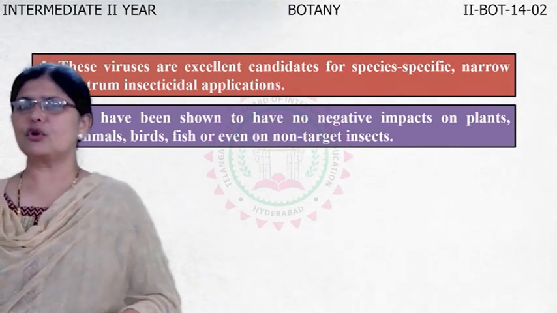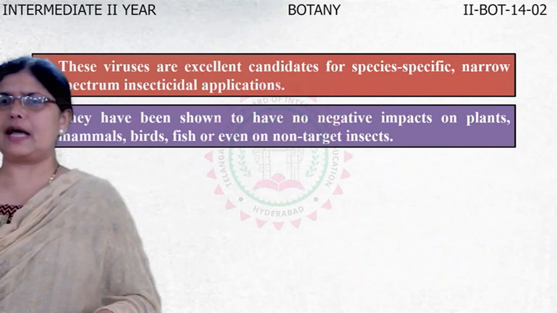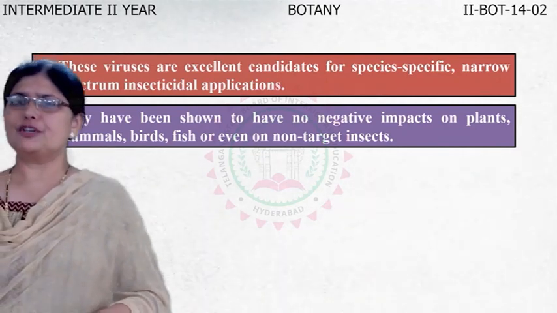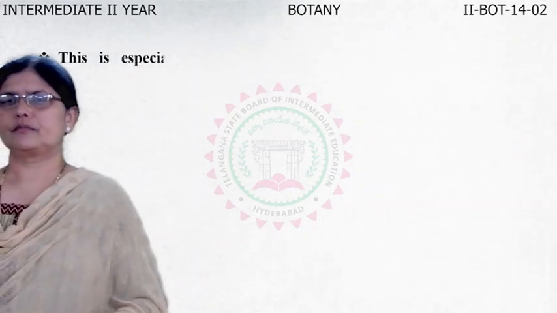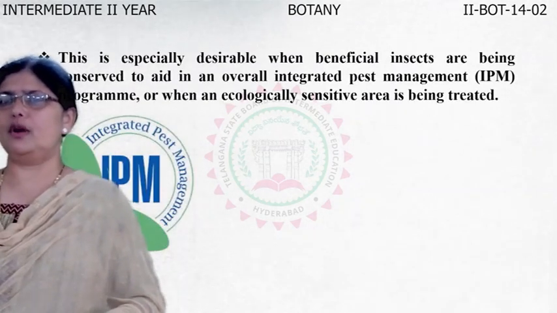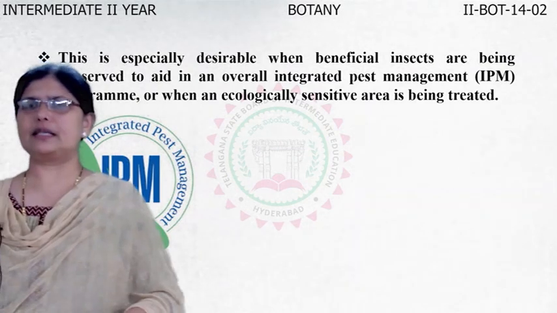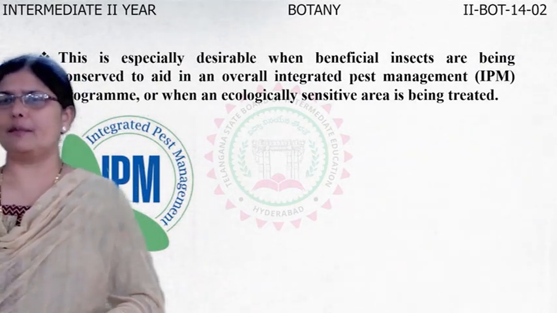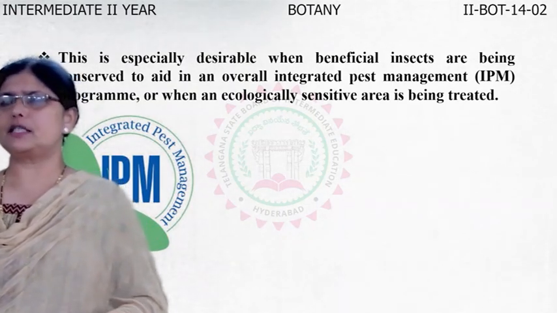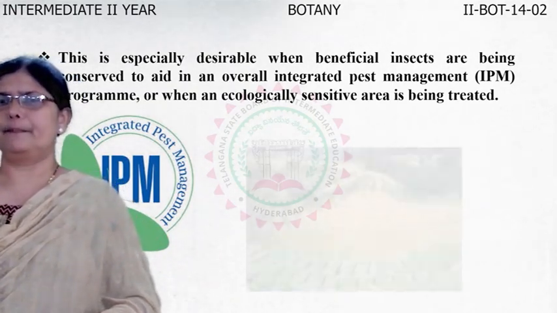They have been shown to have no negative impacts on plants, mammals, birds, fishes, or even on non-target insects. This is especially desirable when beneficial insects are being conserved to aid in an overall integrated pest management program or when an ecologically sensitive area is being treated.